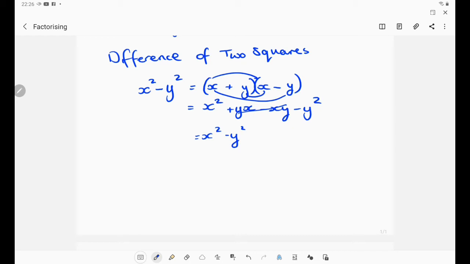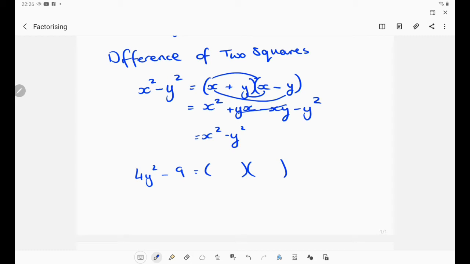You're probably not going to get an example that looks like that. What you're going to end up with is something, say, 4y squared take away 9. So you see that you've got two things that are squared: the 4y squared, and the 9. You do your double brackets.